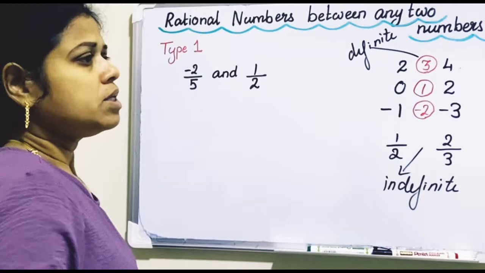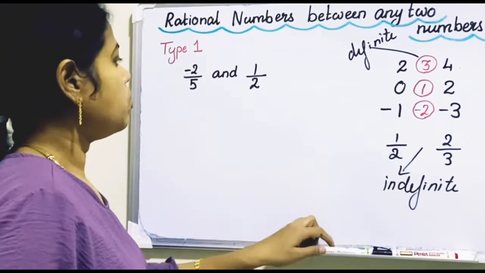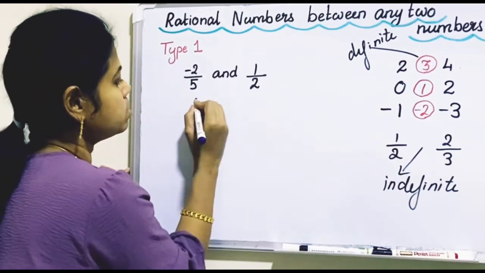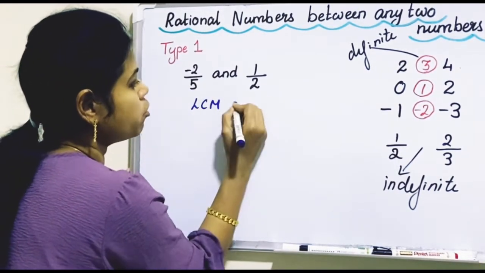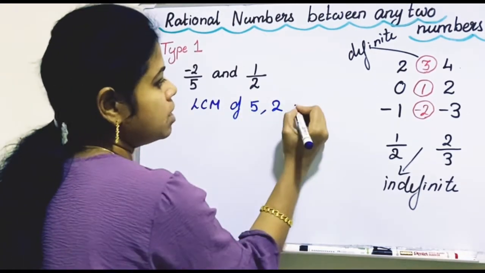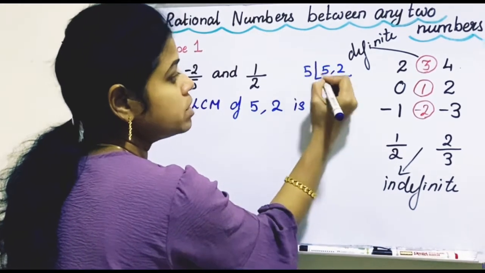First step, check the denominators. The denominators are here 5 and 2. You have to make the denominators the same. To make them the same, take the LCM of these denominators, that is 5 and 2. What is the LCM of 5 and 2? LCM of 5 and 2 is 10.